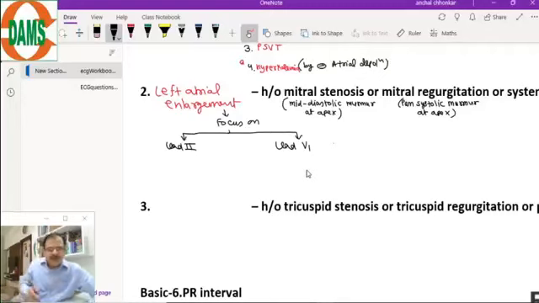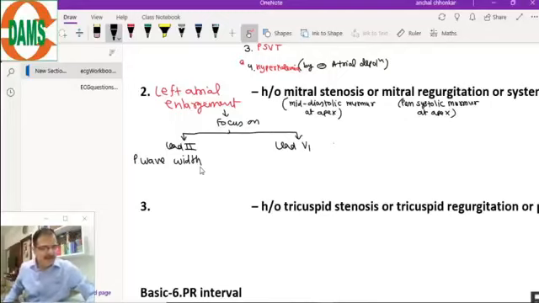In lead 2, obviously the P wave width will increase. Now is it clear? All right. Okay, fine.